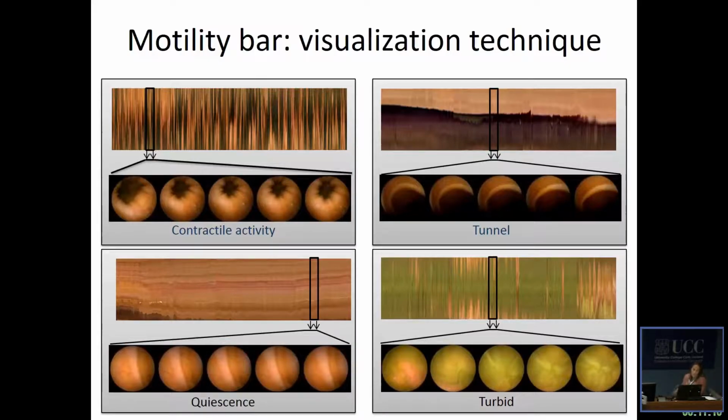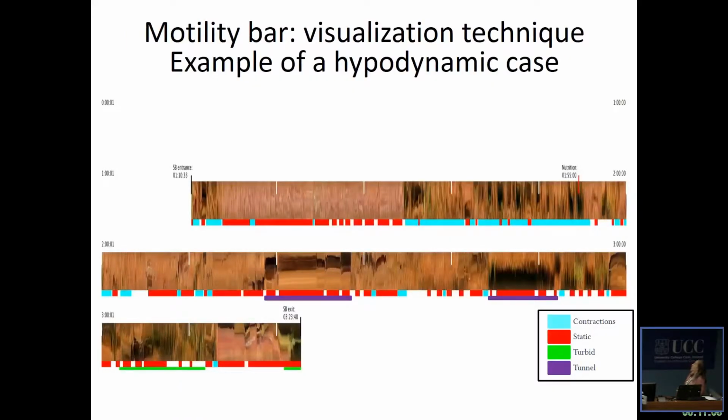So going to a real example, this is a motility bar of a whole video in a hypodynamic case. So each row is 60 minutes of video. This is where the capsule enters the small bowel. This was gastric. I'm not showing you this. It travels down the small bowel this way, and here it's when it exits the bowel and enters the cecum.